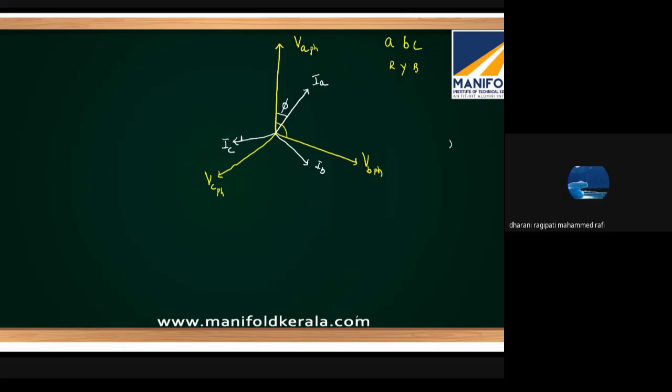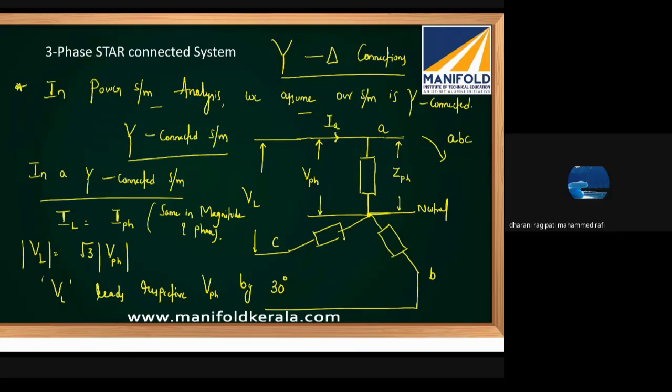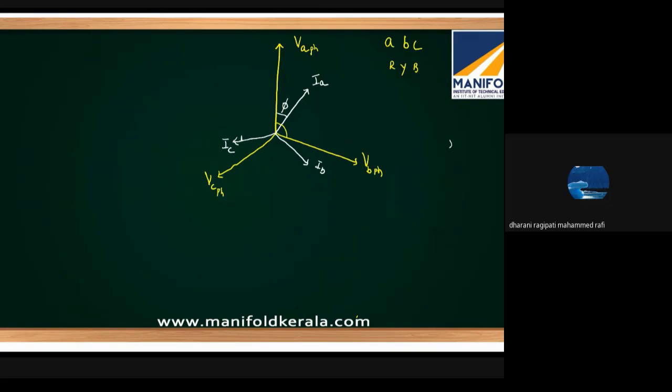Now, I want to calculate the line to line voltage. Suppose I want to calculate the voltage between A and B, VAB. So your VAB will become VA minus VB. If I first draw, minus VB will be 180 degrees opposite to VB.